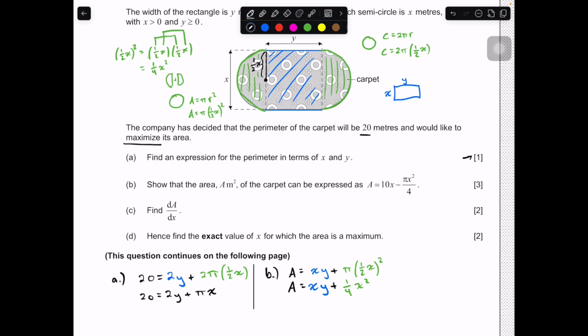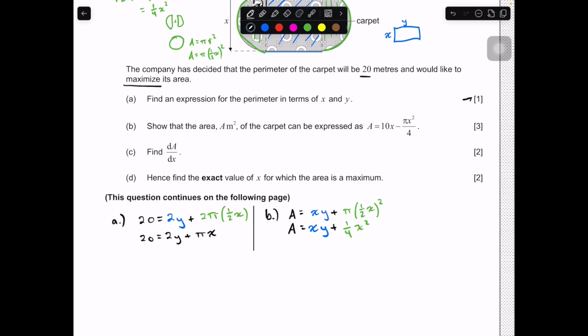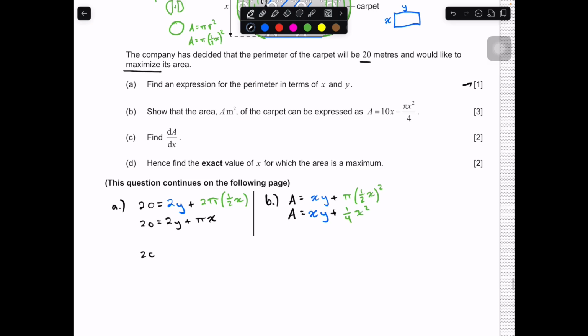All right, so let's go back to this part right here. This 20 equals 2y plus pi x. I'll write it out. So we have 20 is equal to 2y plus pi x. We want to get y all by itself. Let's move this over, and then we'll have 20 minus pi x. What we're doing is taking away pi x from both sides. And this is 2y.